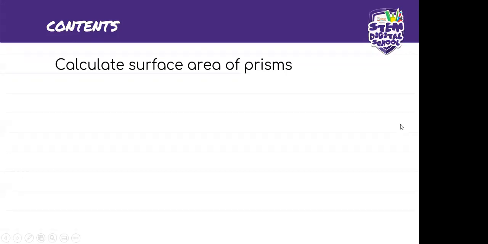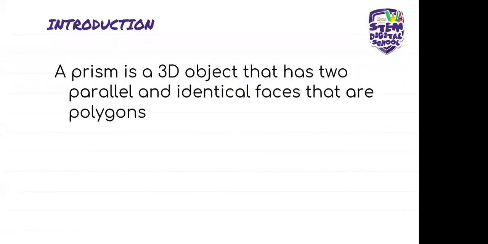So the calculation of prisms will be done in a fair manner, which will also take us back to how we have successfully defined the 3D objects. We want to carry on just to reinforce the understanding that a prism is a 3D object that has two parallel and identical faces that are polygons.